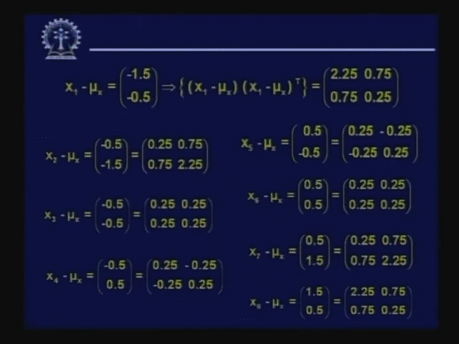Similarly, we find x minus mu x into x minus mu x transpose for all other vectors in the population x.